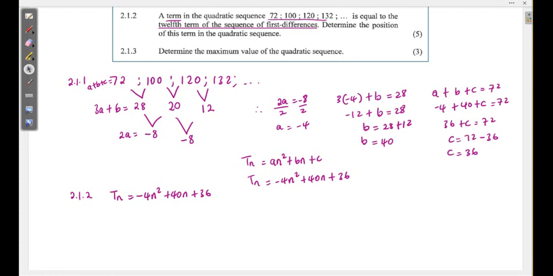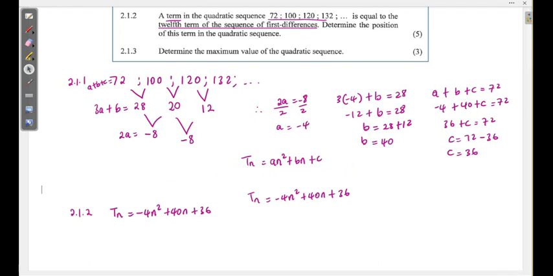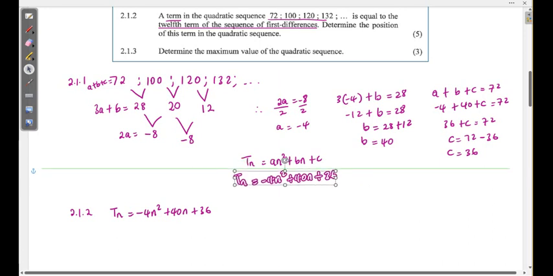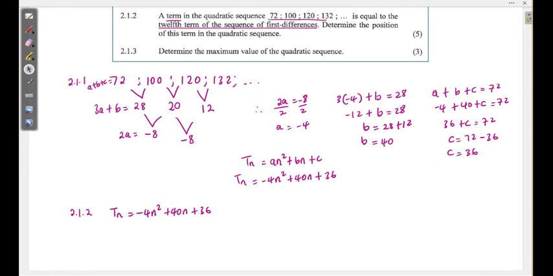Then that Tn, which is this, is equal to something. Let me try to bring this down. Taking the nth term from the previous question, because they said a term in the quadratic sequence.